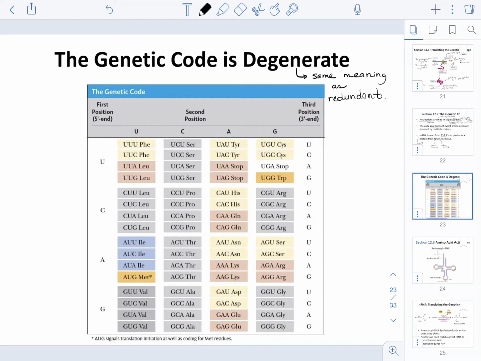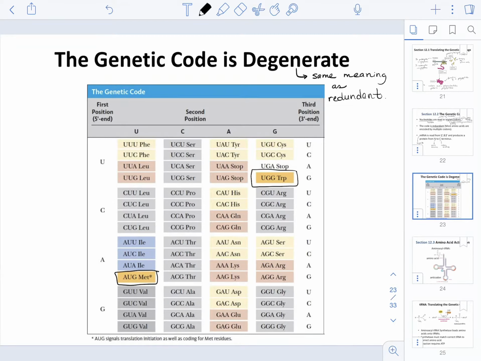So what this implies, as I just mentioned previously, is that there are going to be several 3-letter codes that encode for the same amino acid. There are a few amino acids that are exceptions to this, and they are here in these yellow-orange blocks.